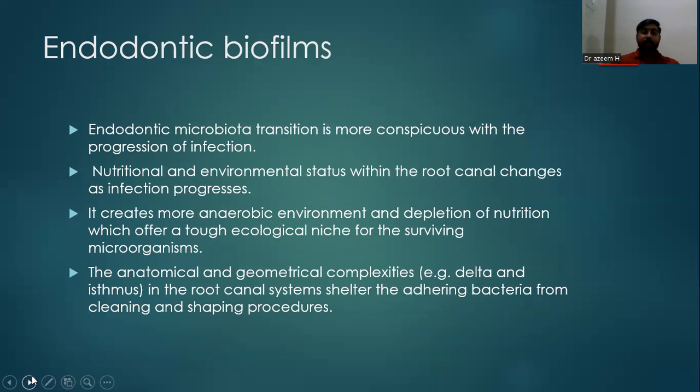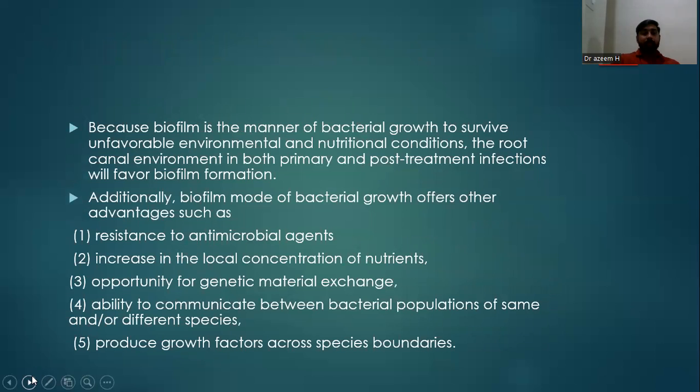The anatomical and geometrical complexities like deltas and isthmuses in the root canal favor the adhering of bacteria, protecting them from cleaning and shaping procedures. Because biofilm is the manner of bacterial growth to survive unfavorable environmental and nutritional conditions, the root canal environment in both primary and post-treatment infections will favor biofilm formation.